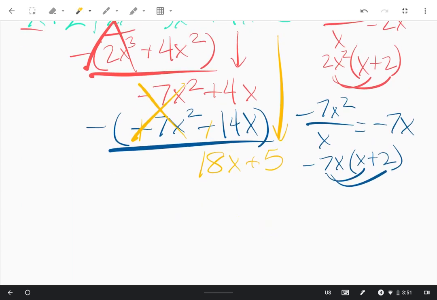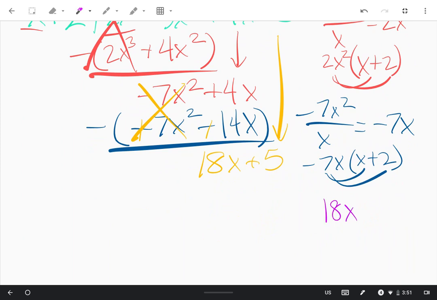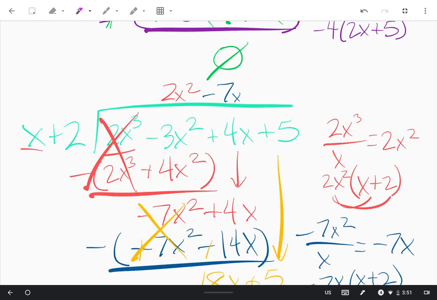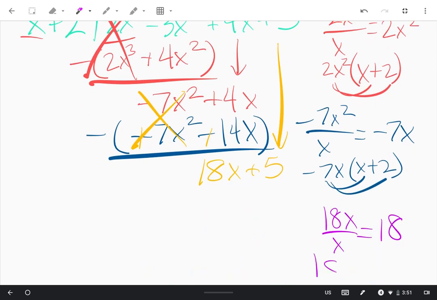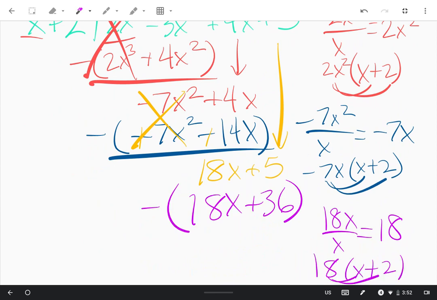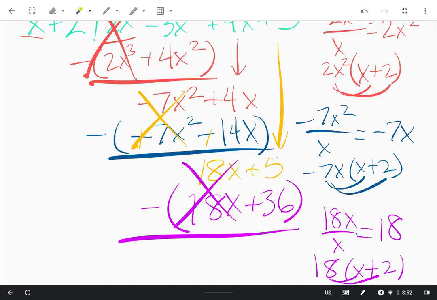Now we do it one last time. 18x divided by x is 18. That answer goes right here. Then we multiply 18 times x plus 2. Distribute: 18x plus 36. Subtract. This cancels out, leaving me with nothing there.